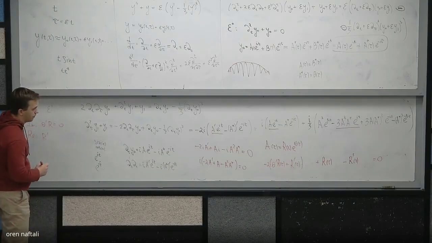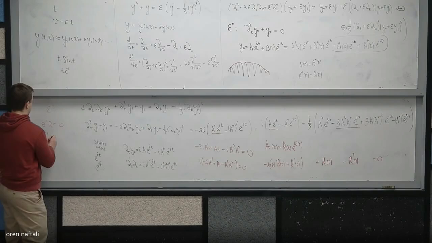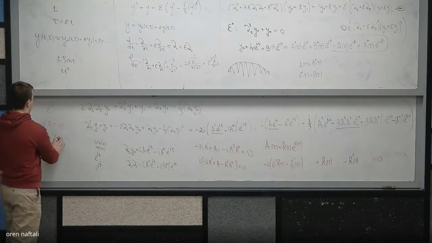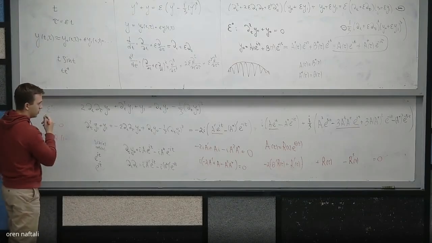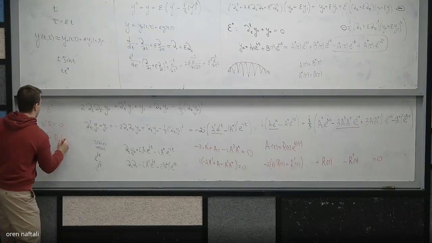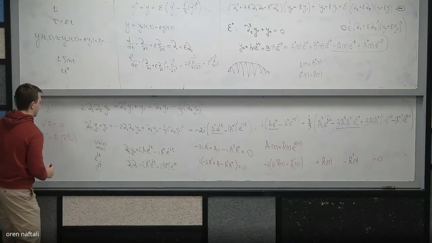r prime equals r squared, just r times 1 minus... minus 1.